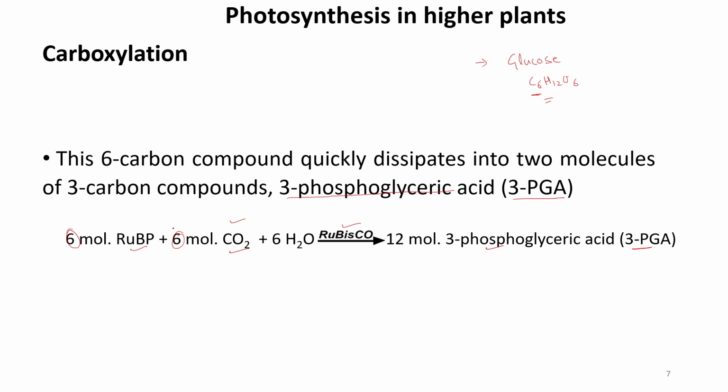That's why we are writing 6 molecules here. If we are using 6 molecules of carbon dioxide, 6 molecules of RuBP will also be required. Then 12 molecules of 3-phosphoglyceric acid will be produced, because 3-phosphoglyceric acid is a 3-carbon compound. Here RuBP is a 5-carbon compound and carbon dioxide contains 1 carbon. So here 12 molecules will be formed.